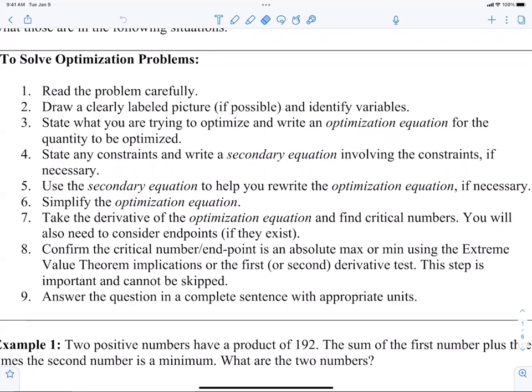Once you have your simplified optimization equation, then you want to take the derivative of your optimization equation so that you can identify critical numbers or critical values for the optimization function.